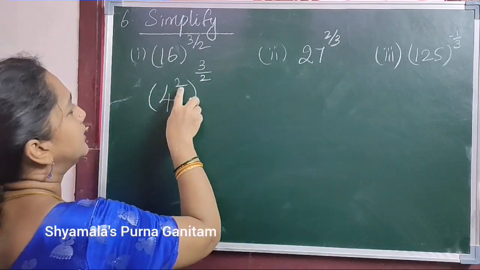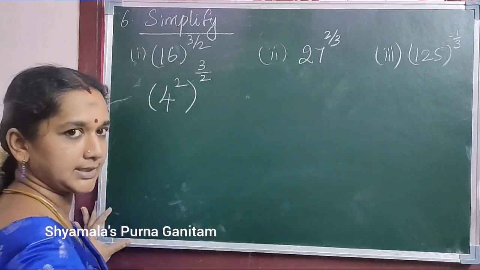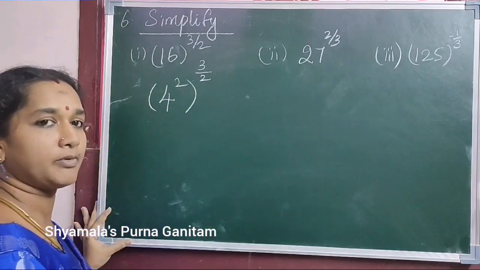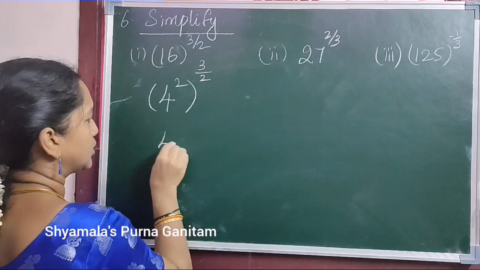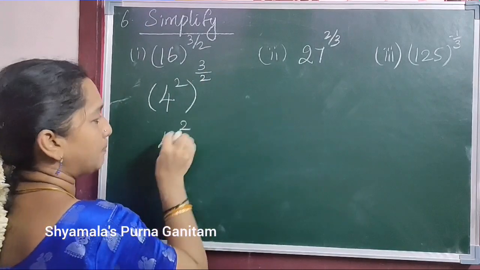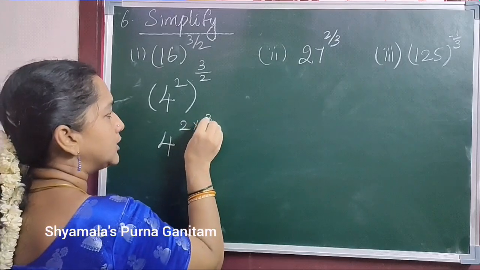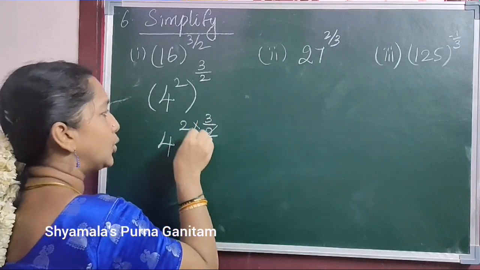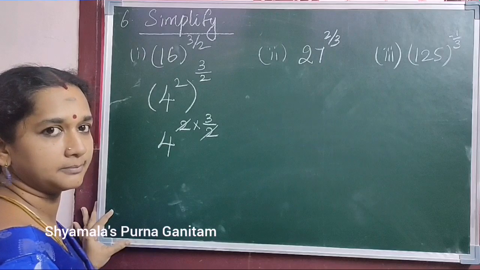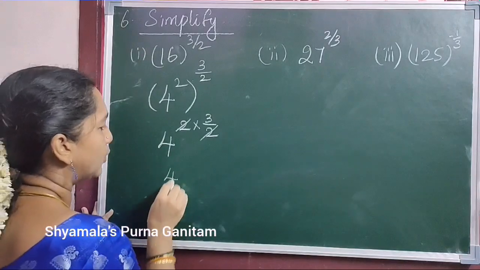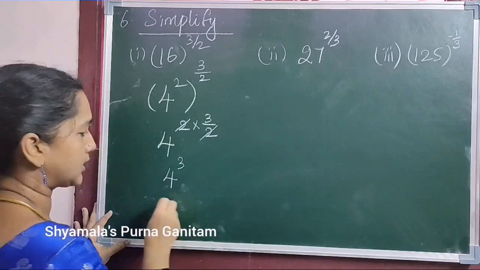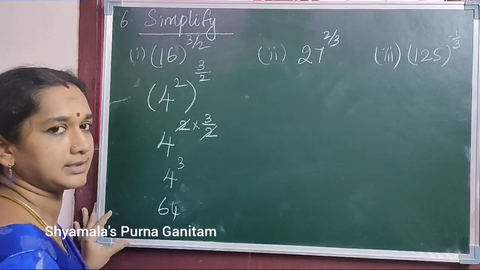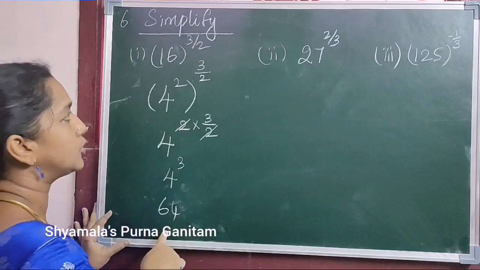Then we know that we have to multiply the powers. A power p in whole power q will be a power pq. So you have to multiply the powers. So 4 power 2 into 3 by 2. So this 2 and this 2 will get cancelled. Okay. So you will get 4 power 3, as 4 4s are 16, 16 4s are 64. You will get the answer as 64. So you have simplified this and you got this value.